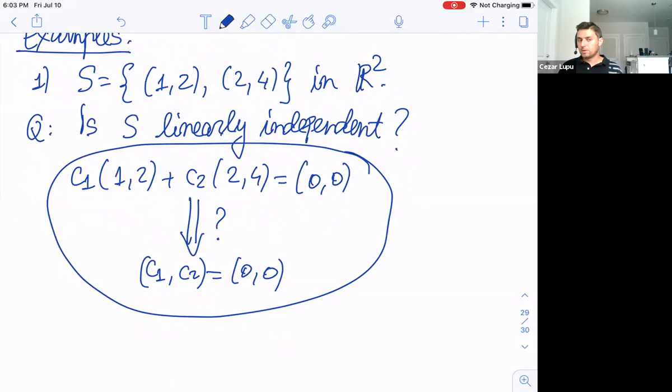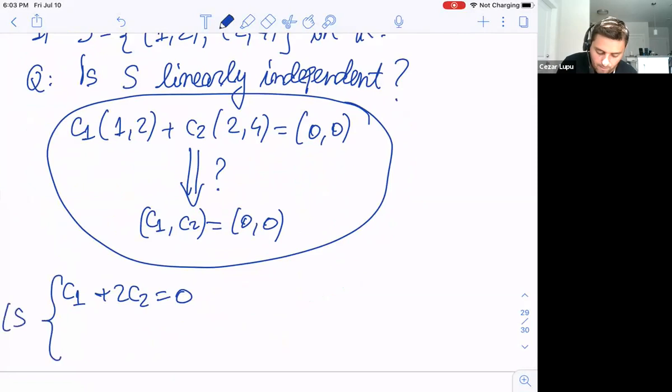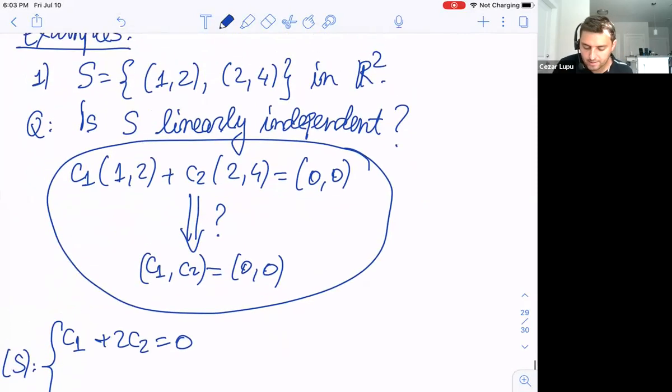Does it? Liliana said yes. Let's see. So this gives C1 plus 2C2 equals 0, and we get the following system: 2C1 plus 4C2 equals 0.